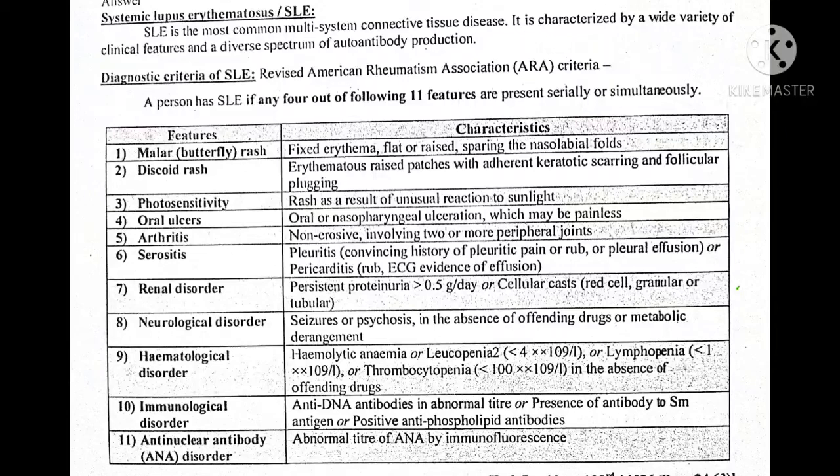The features are malar or butterfly rash, which is fixed erythema, flat or raised, sparing the nasolabial fold. There may be discoid rash, which means erythematous raised patches with adherent keratotic scarring and follicular plugging.